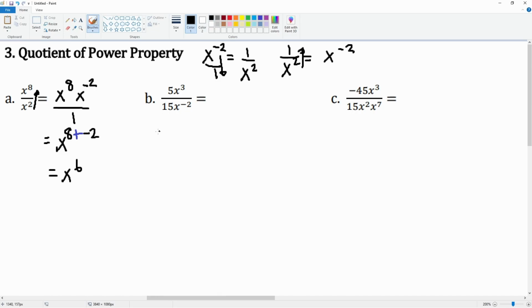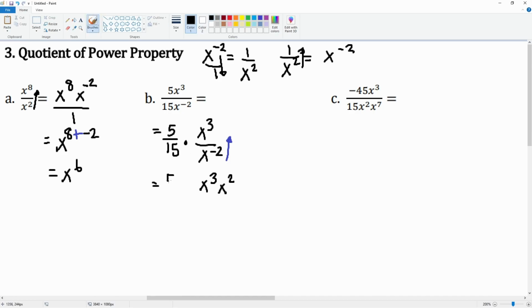B, same process, but now there are some numbers in front. So I'm going to split them: 5 over 15 times x to the third over x to the negative 2. I do not like that negative exponent on the bottom, so I'm going to bring it to the top. This now becomes x to the third times x to the 2.